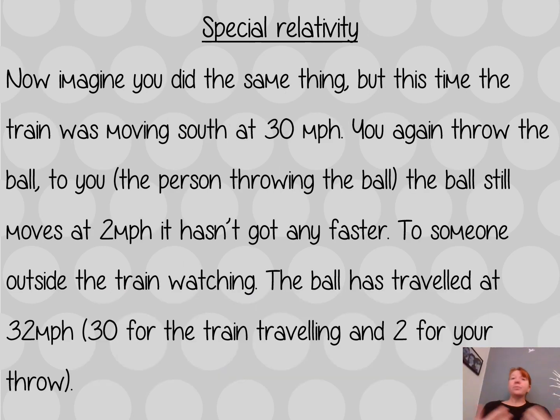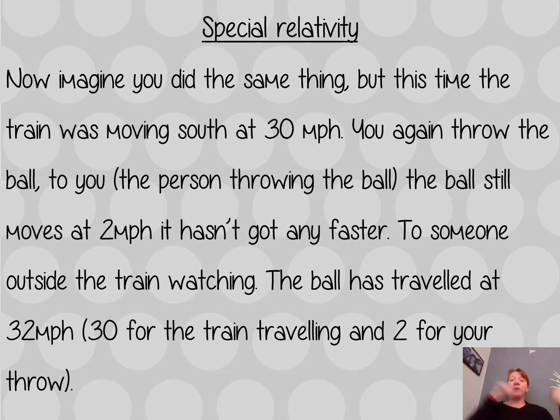Now, we do the same thing again, but this time the train is moving south at 30 miles an hour. Again, you throw the ball, but you, the person standing on the train, the ball still only moves at 2 miles an hour. It hasn't gone any faster. You've done exactly the same thing. Just because the train is moving, the ball still only moved at 2 miles an hour for you.